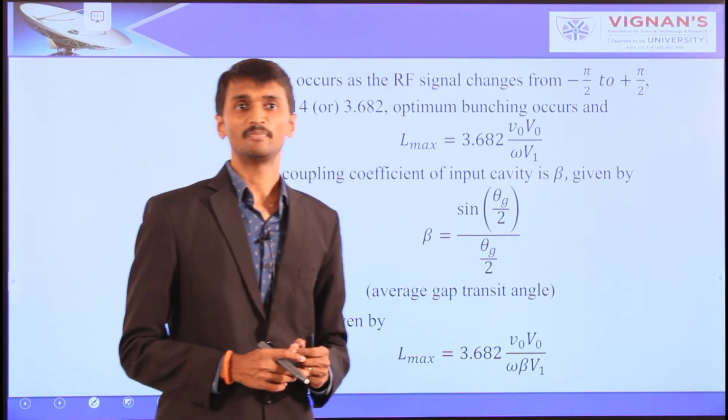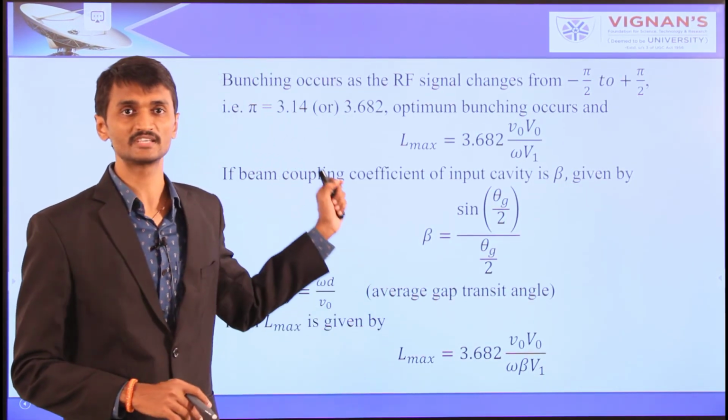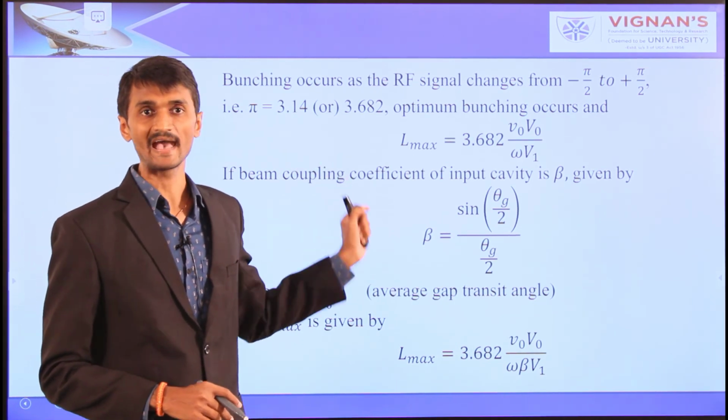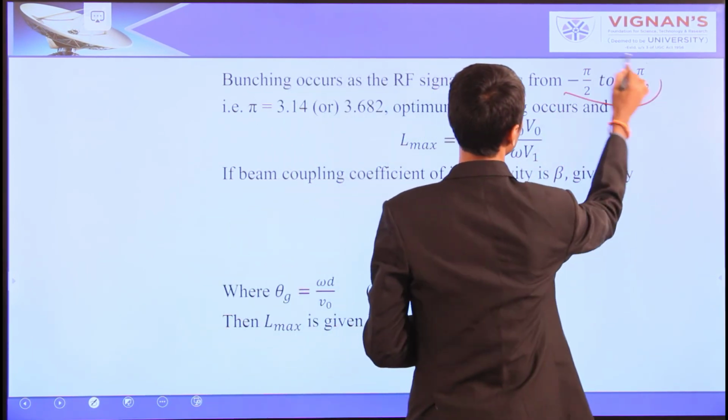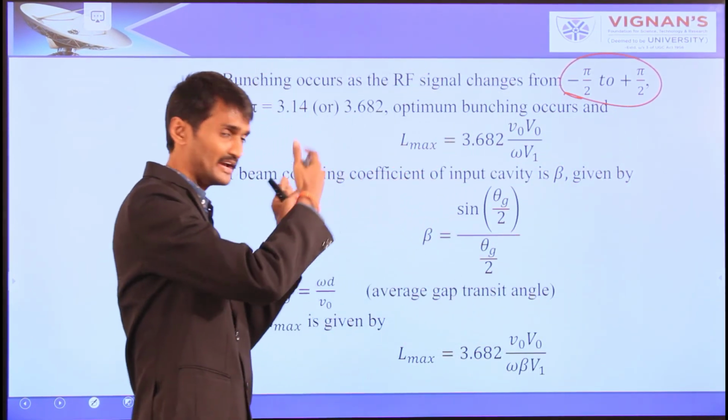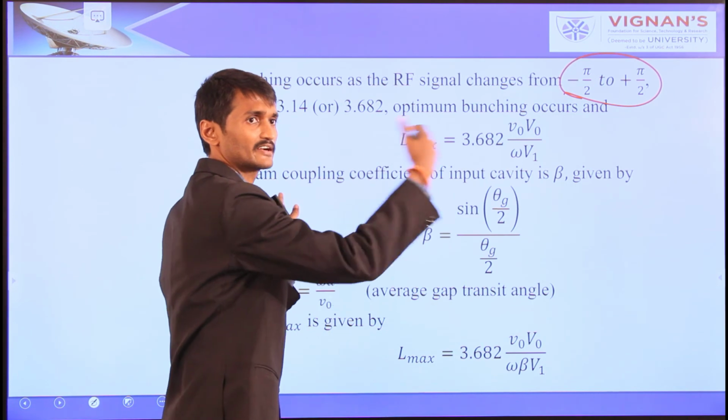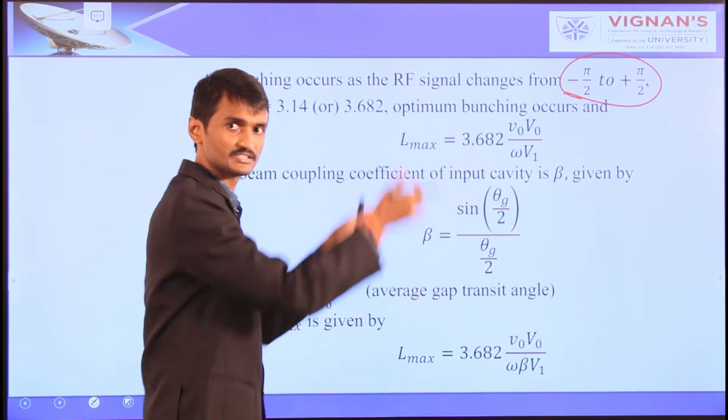Bunching occurs as the RF signal changes from minus pi by 2 to plus pi by 2. Already we have seen that: late electron to early electron we have considered as one bunching point.